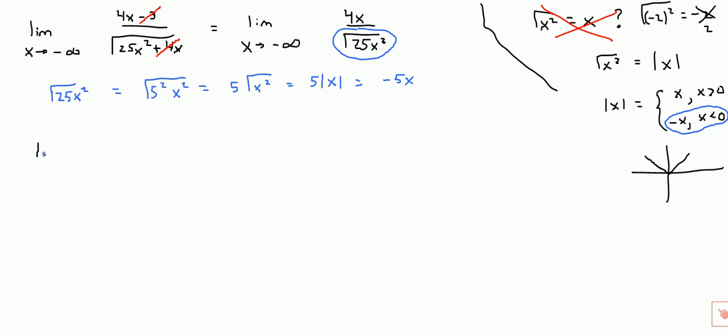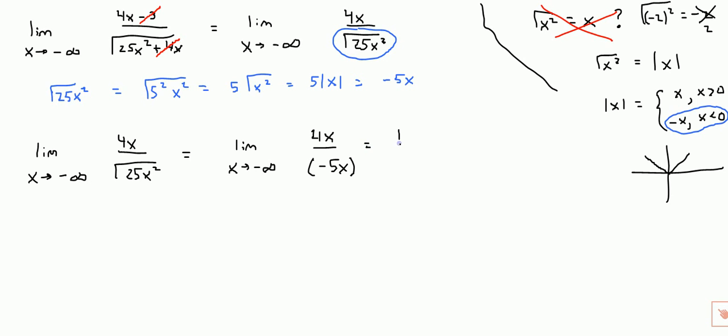Now I'm just going to rewrite the last line that we had. This is equal to the limit as x approaches negative infinity of 4x, and the denominator, which we simplified, is negative 5x.